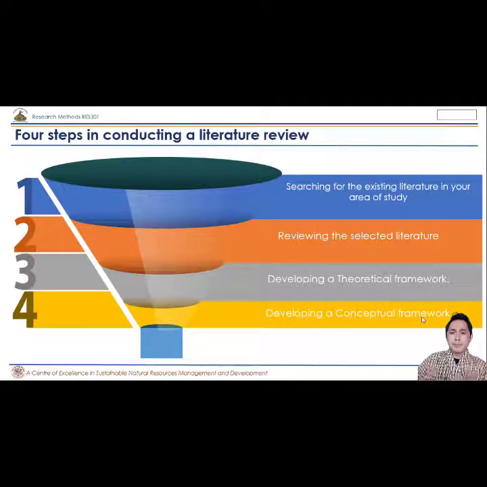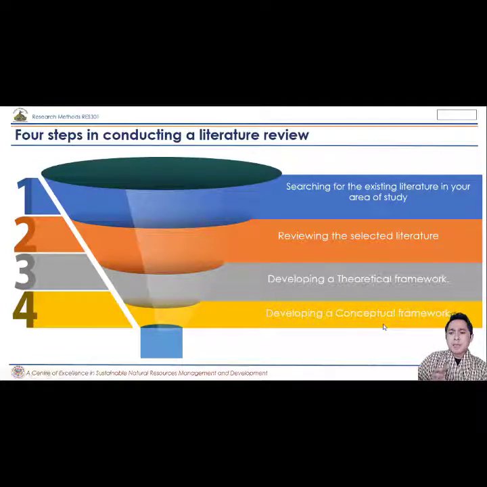So for example, again let's get back to lichen diversity and distribution in Wangdipuram district. You need specific literature on diversity of lichens. How many lichens are there in the world? What are the distribution patterns you can find in different forest types, in different altitudinal gradients?